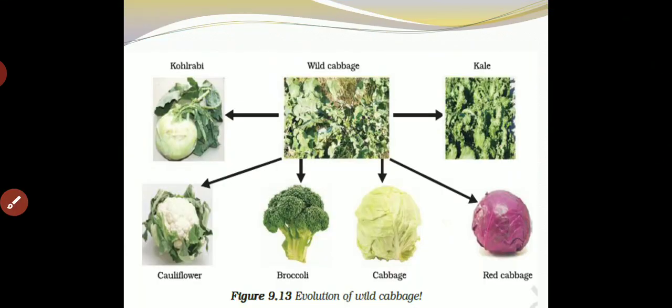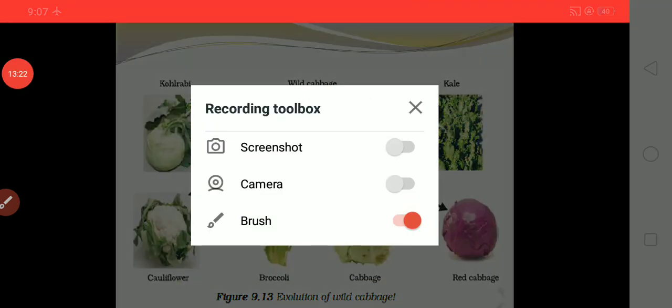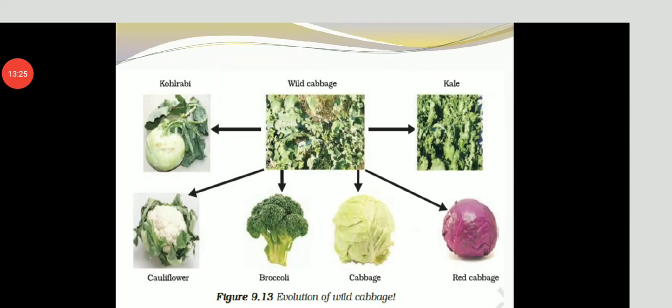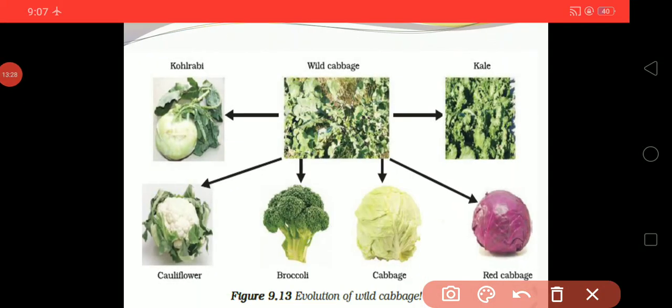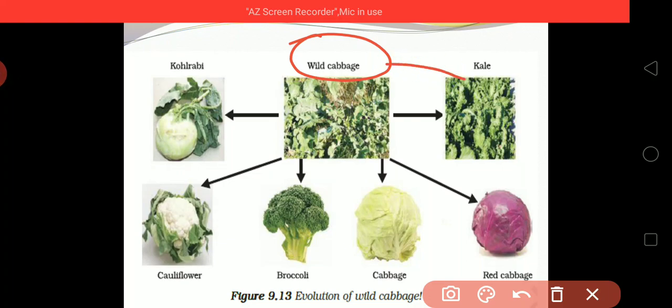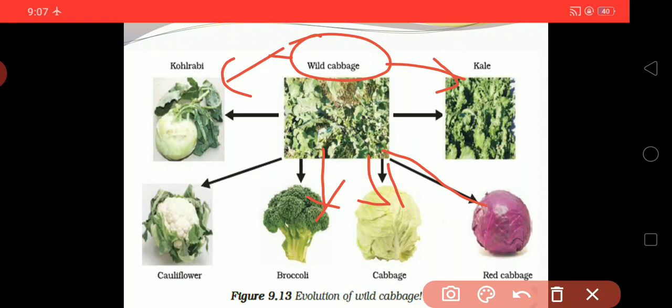Here you can see that from the wild cabbage we get kale, from wild cabbage also broccoli as well as cabbage, then the red cabbage, which is very famous these days, as well as cauliflower.